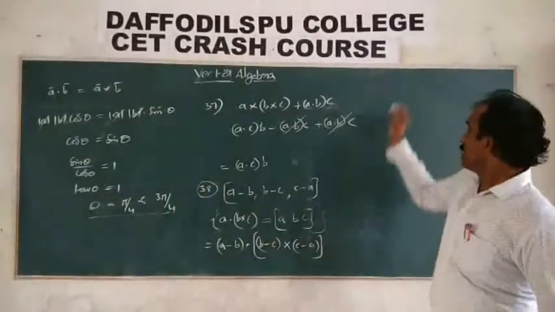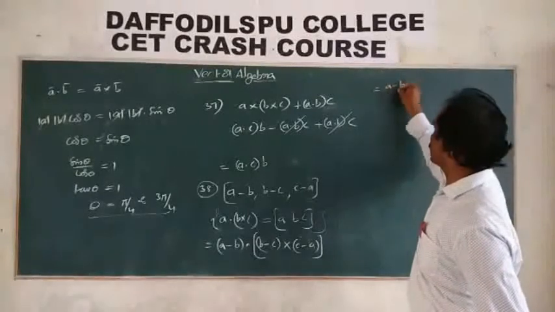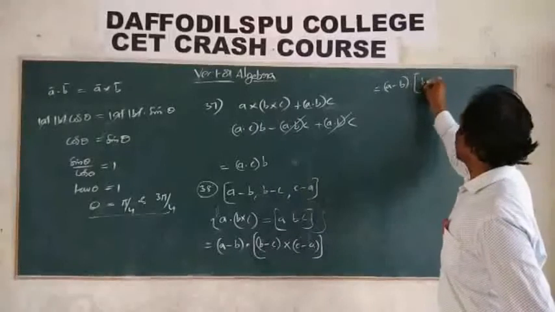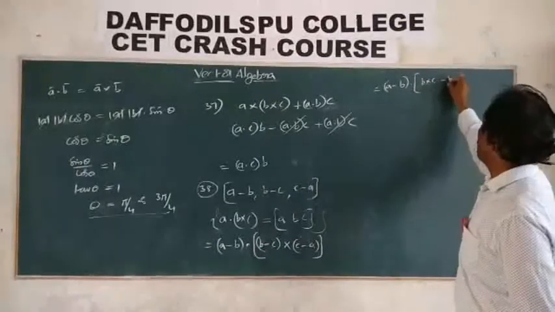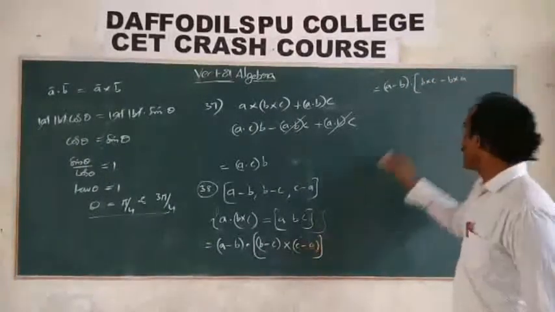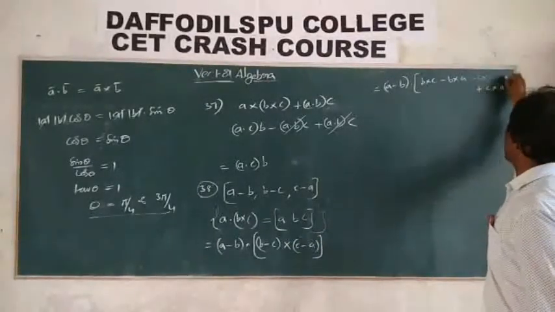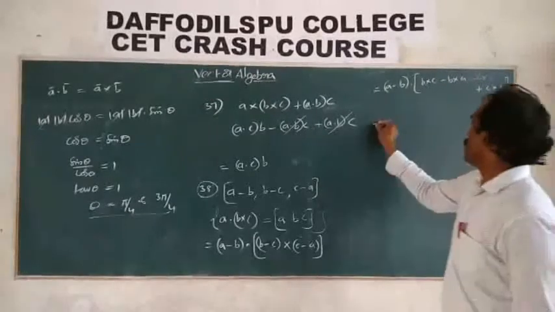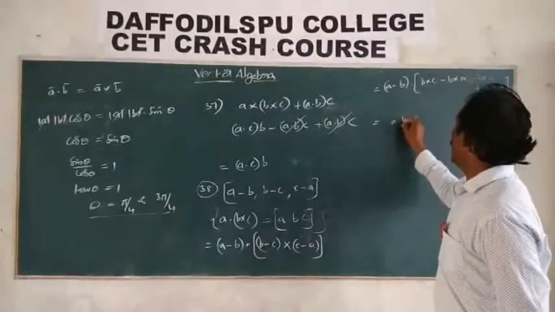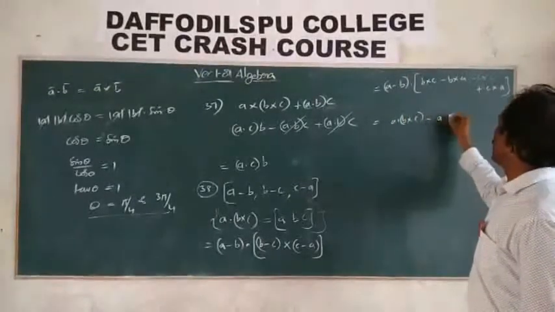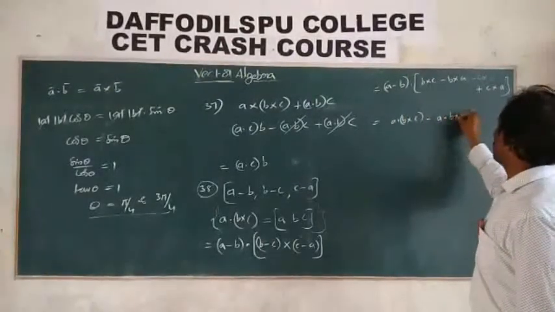Inside, first multiply A minus B dot B cross C minus B cross A minus C cross C plus C cross A. However, this value is 0. Then A dot B cross C minus A dot B cross A.